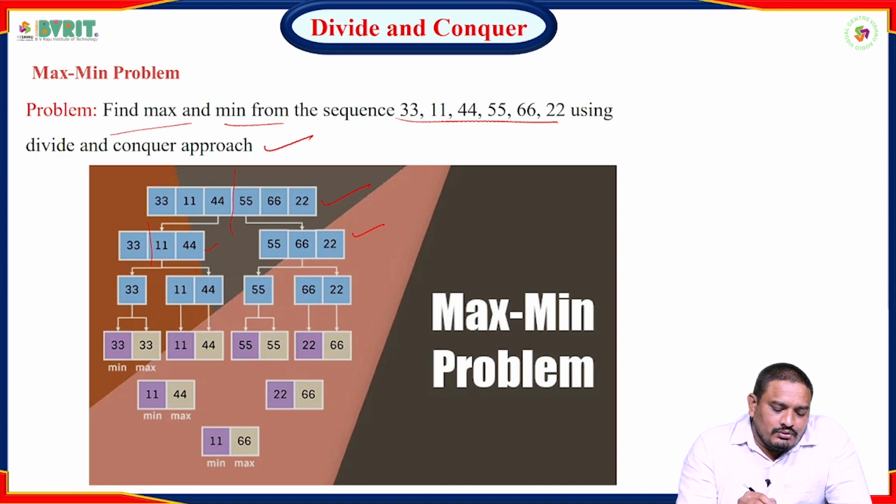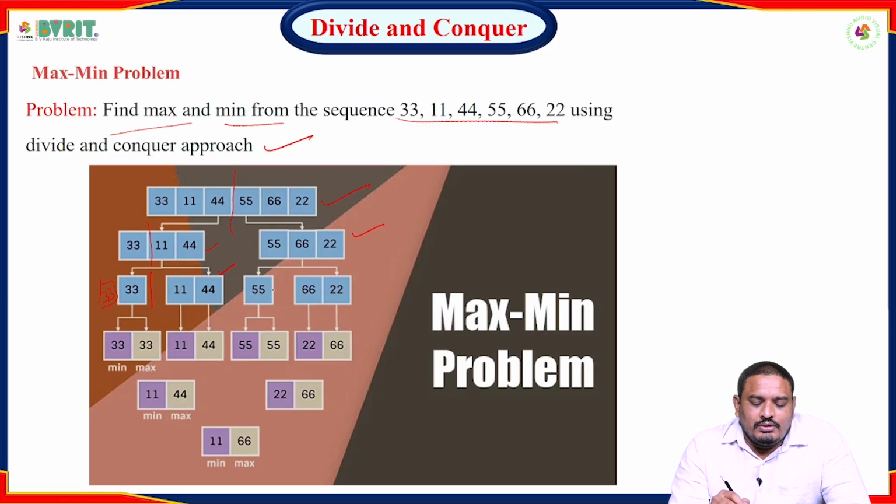Here 33 is the left, 11 and 44 is the right. For the single element, for ease we take the same element again: 33. Here 11 and 44. Here 55 is only one element, so for ease we take another copy, 55.